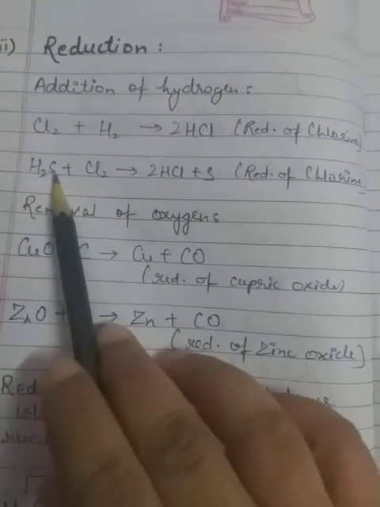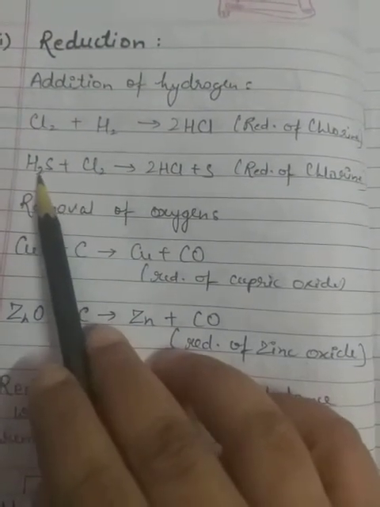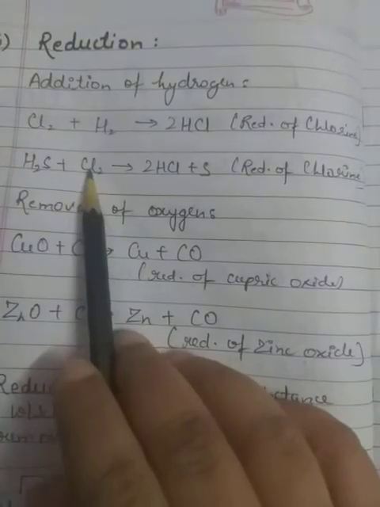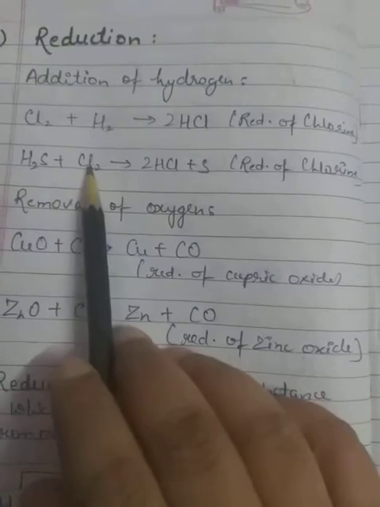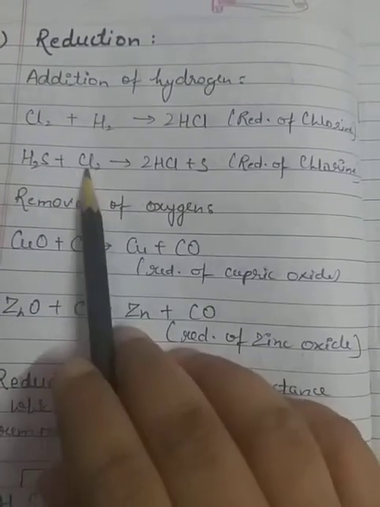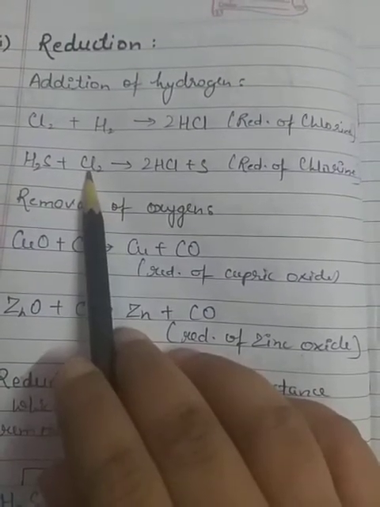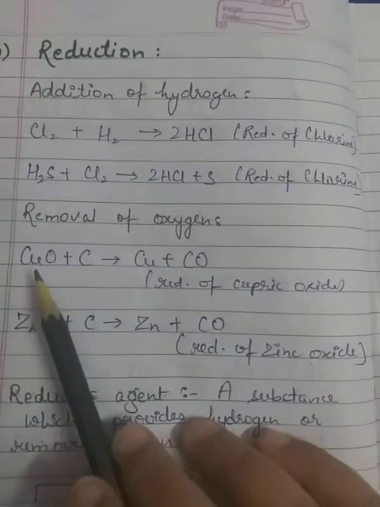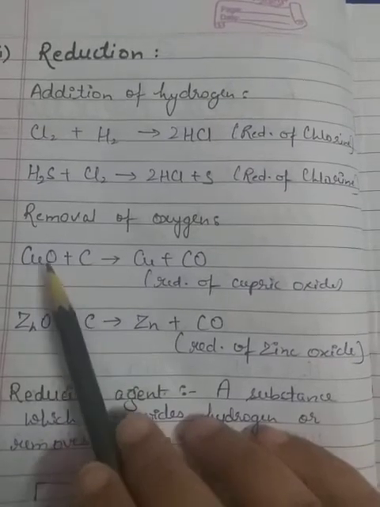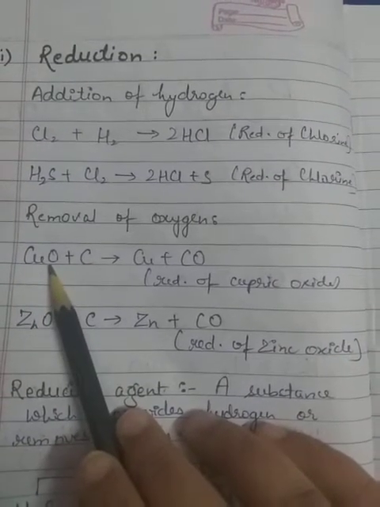Addition of hydrogen is taking place in chlorine, we are getting HCl here, it means chlorine is getting reduced. Now removal of oxygen, CuO plus C, it means reduction of copper oxide is taking place here.